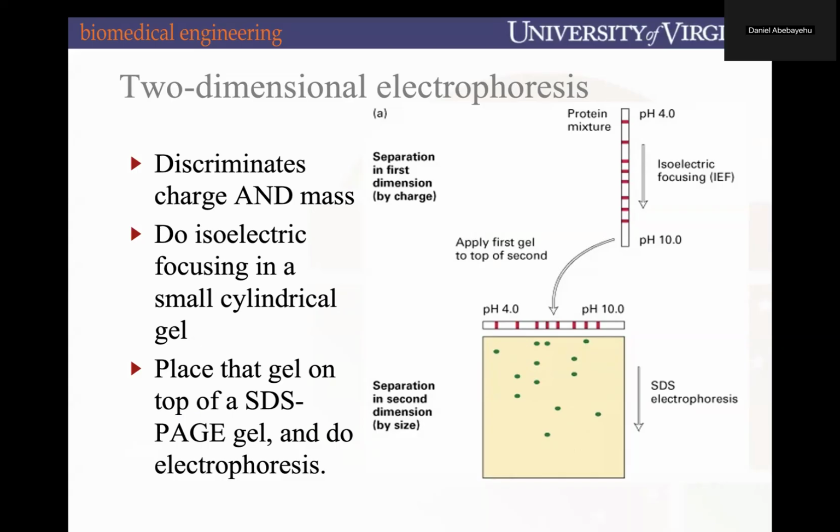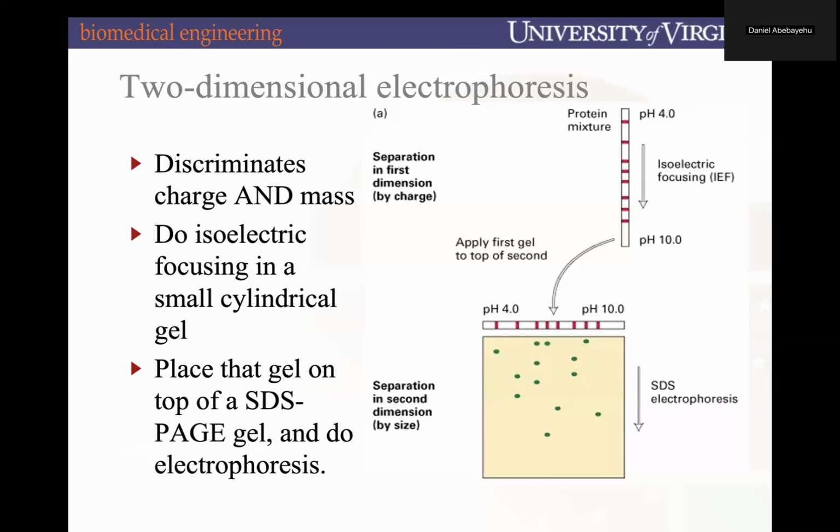Now you'll take that gel and sit it on top of a polyacrylamide gel where you would separate by mass. Once you lay that isoelectric focusing gel on top of this other polyacrylamide gel, you can see that they are separated laterally by their charge, and now they're going to move down and be separated by their mass.